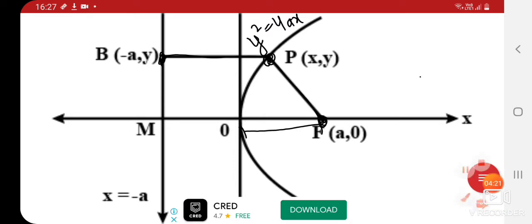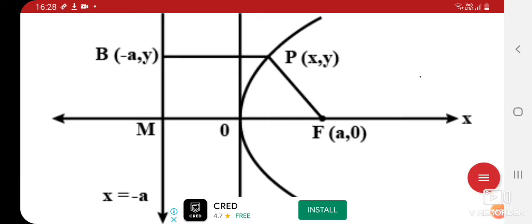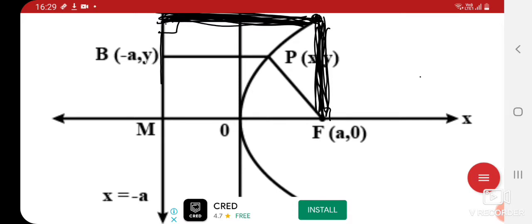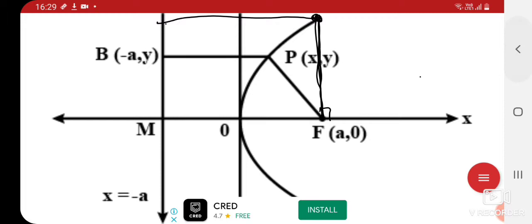Is that right? Similarly, you just need to draw a perpendicular here, on this point, which is this line. Okay, when you draw again the perpendicular from this point on this line, is that okay? Now you know that this distance must be equal to this distance. Is it right?